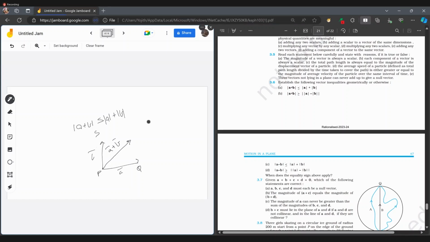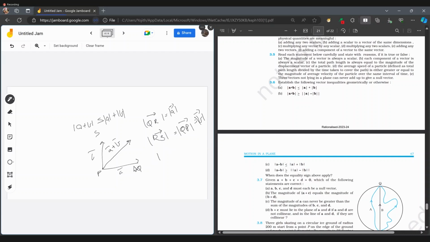ఓకే, నౌ mod of QR bar is mod of A bar. Okay, mod of RS bar is equal to mod of QP bar, which is equal to mod of B bar. Okay, and then mod of QS bar is equal to mod of A bar plus B bar.